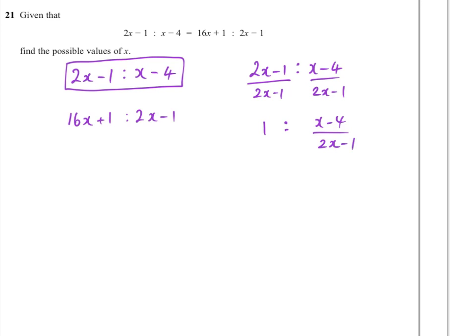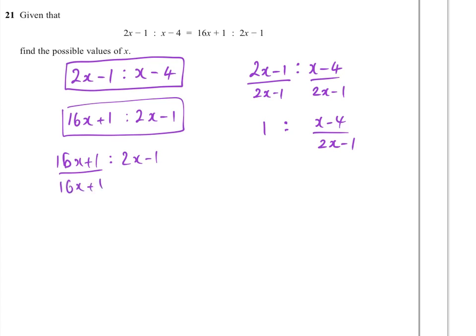And then I'm going to take this ratio here and make the left hand side 1 as well. So I'm going to have 16x plus 1 to 2x minus 1, and I'm going to divide both sides by 16x plus 1.